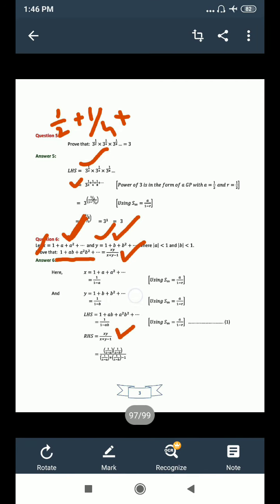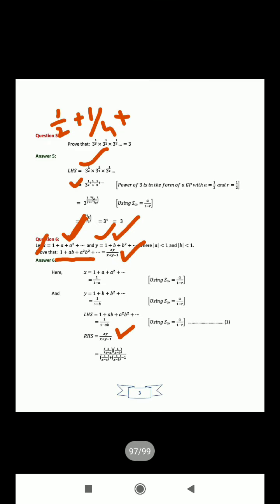Then we simplify the right hand side of this expression by putting the value of x and value of y, and you simplify that by taking the LCM, and finally you will get that left hand side is equal to right hand side. So in this small session of 15 minutes we have completed infinite GP.